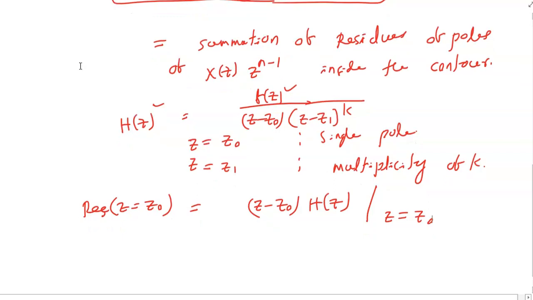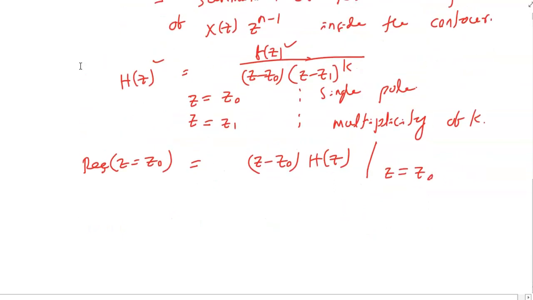Okay, so if you have multiplicity of k, that is, k poles existing at z equal to z1. For k equal to 2, twice, that is (z minus z1) square, that is 2 poles at z equal to z1.